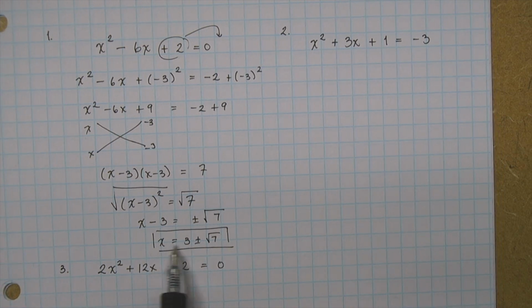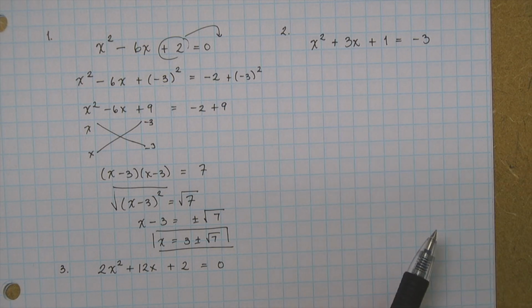If you notice, the 3 is on the outside and it's just put together with the irrational radical right here. Okay, let's do the second one.